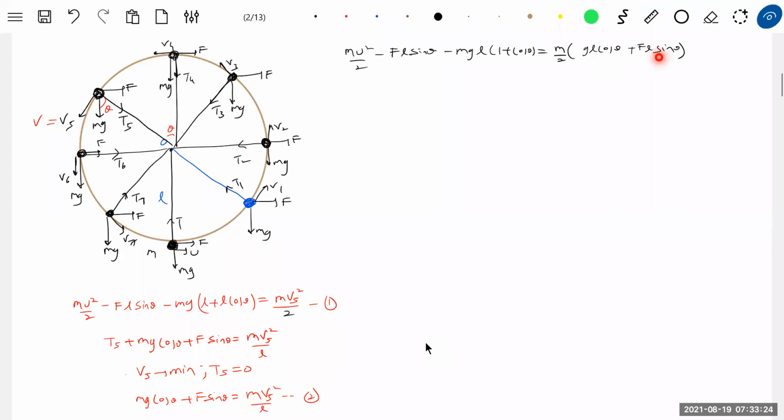Now what will happen? We'll solve for u. U will be 3FL, to 2 will multiply, 3FL sin theta by m. Okay, this will be 3GL cos theta, 3G.